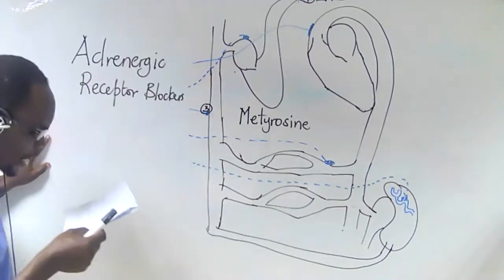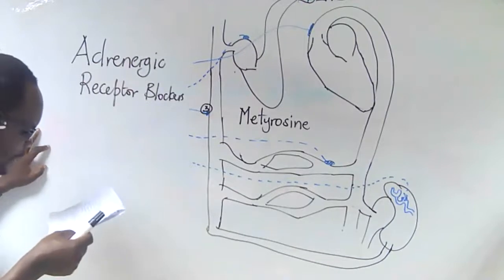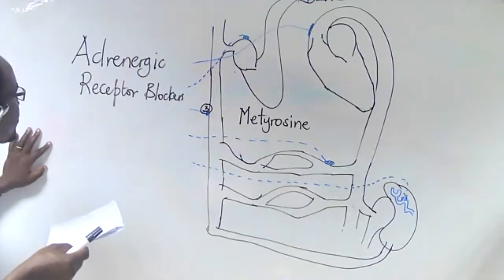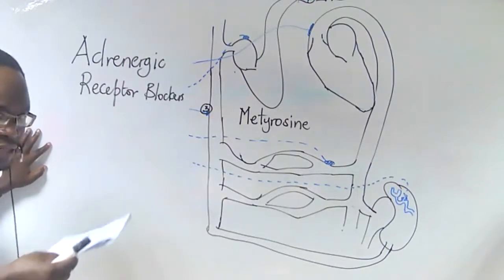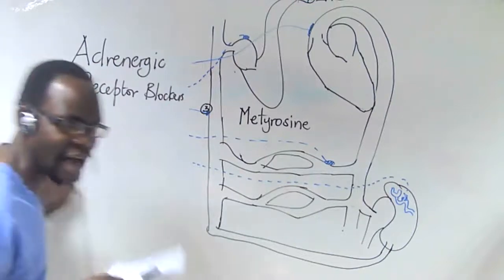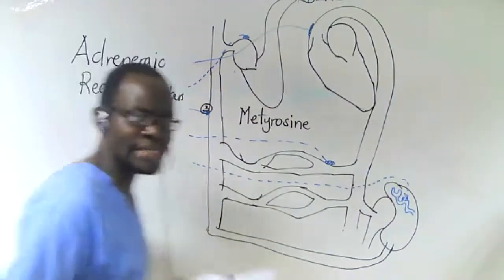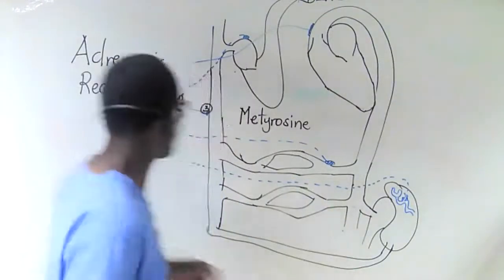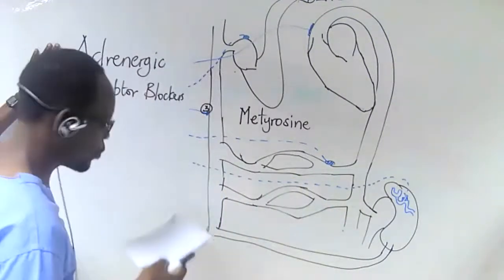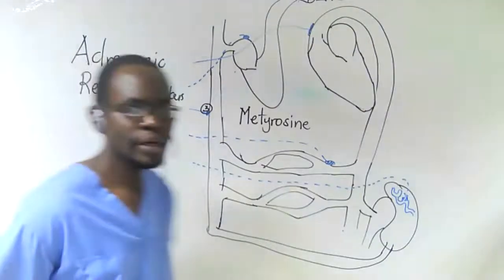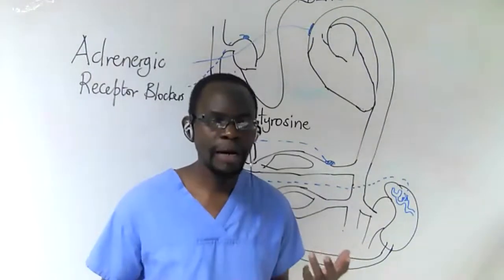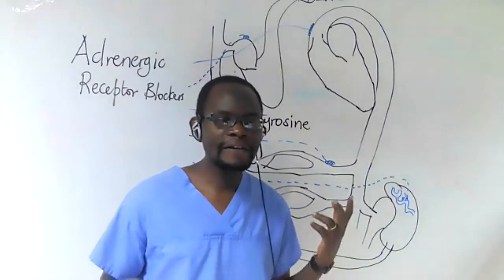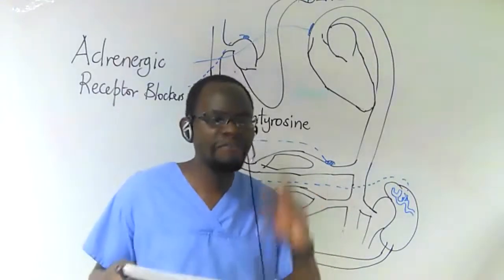Among the alpha blockers, we have those that are referred to as selective and non-selective. Remember we said in the heart we have beta, and in the blood vessels we have alpha 1.